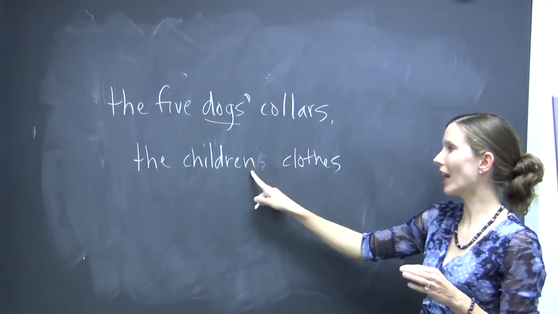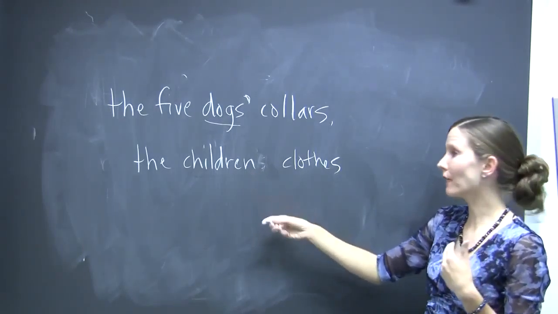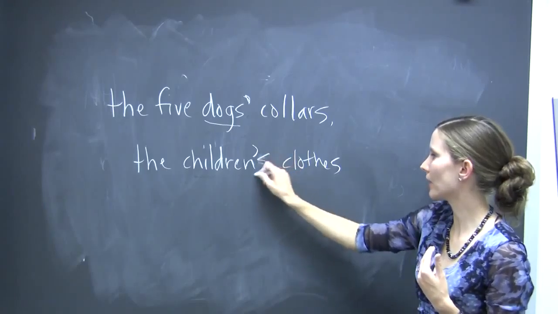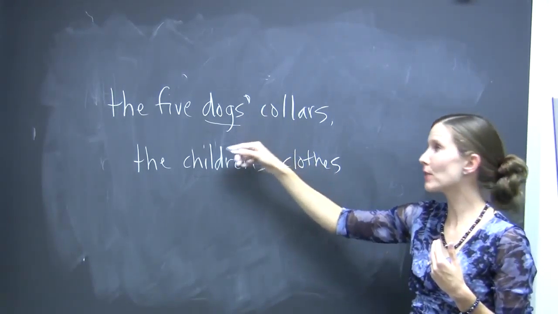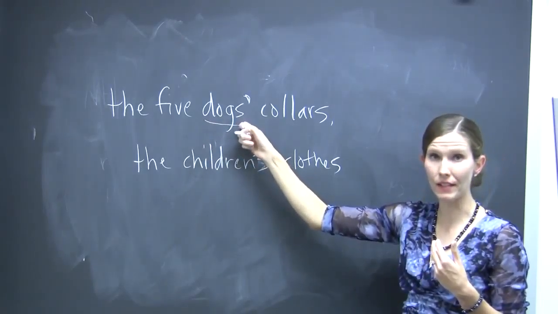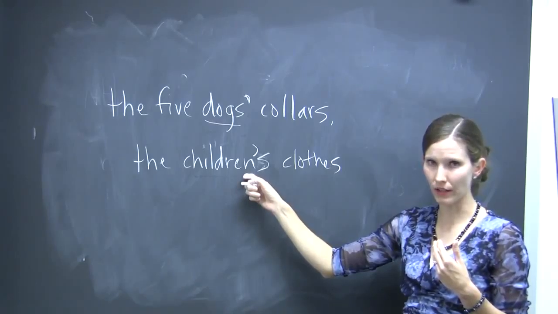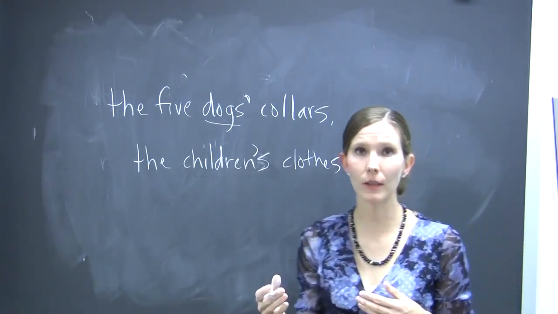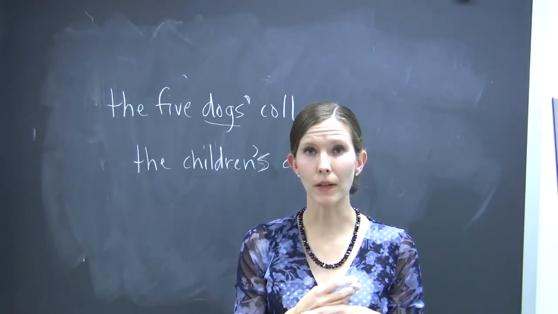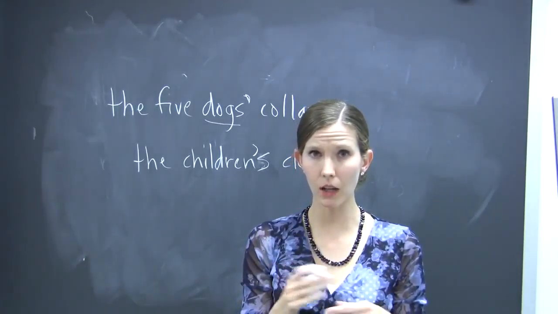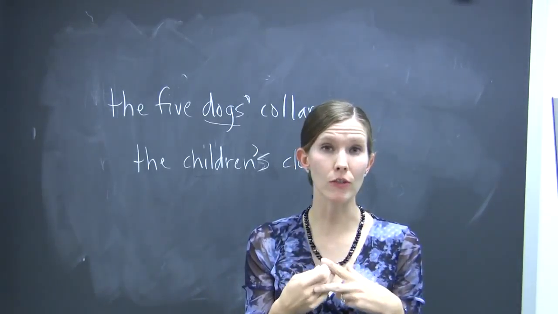Because children does not end in an S, then I don't need to put the apostrophe after the S. I would put apostrophe S. The only time it comes after the S is when the plural noun ends in the letter S, but plural children does not end in the letter S. So we'll practice all of these concepts more in class and in preparing for exams and such. But as a review, this topic covered quotation marks as well as apostrophes and the usages for both.